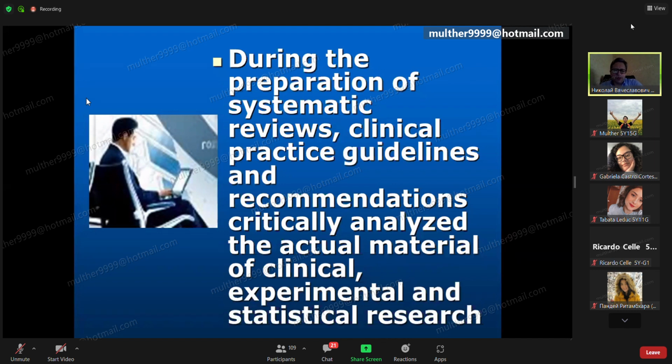It will help in your future practical work for preparation of scientific reports about your personal outcomes, results and achievements of your future practice work.